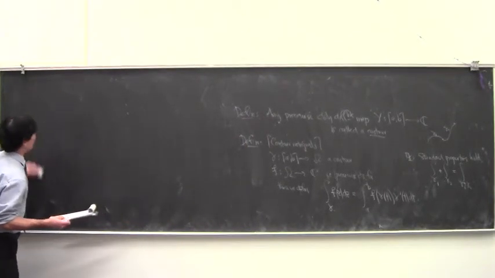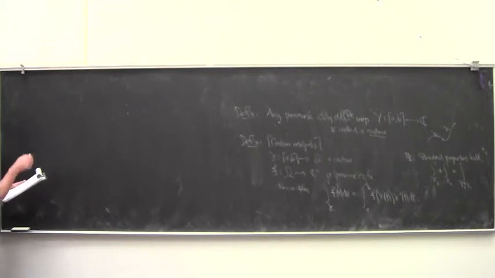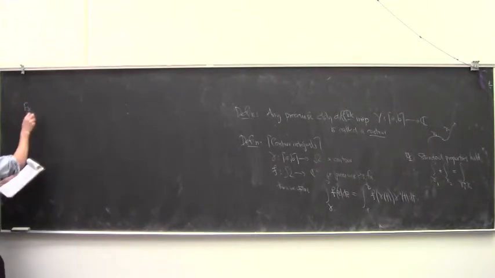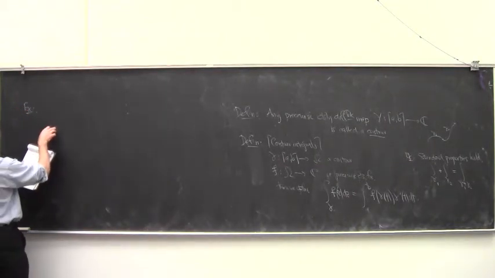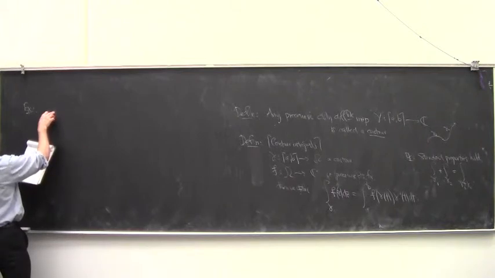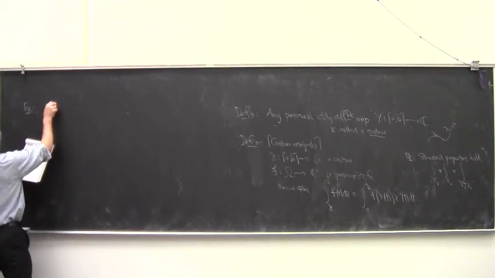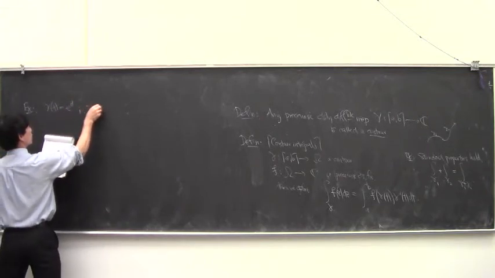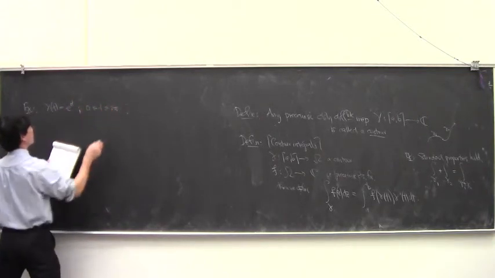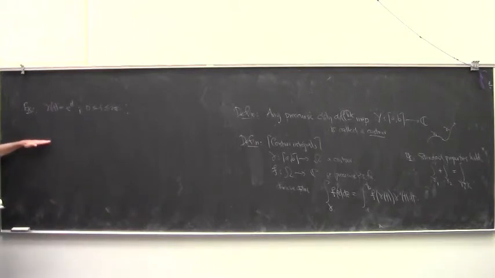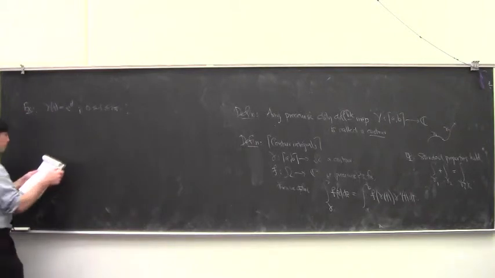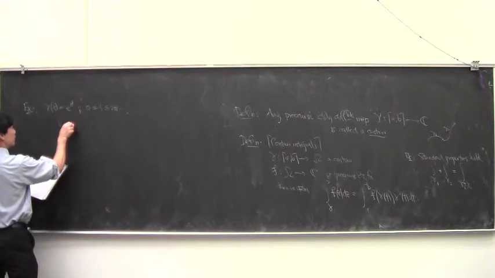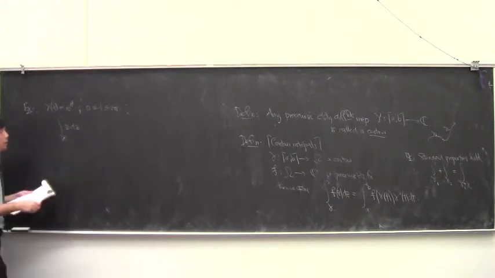Let me do some examples to make this solid. Let gamma of t be e to the it, where t ranges between 0 and 2 pi. So this is describing the unit circle. And suppose somebody asks you to integrate z over the unit circle.